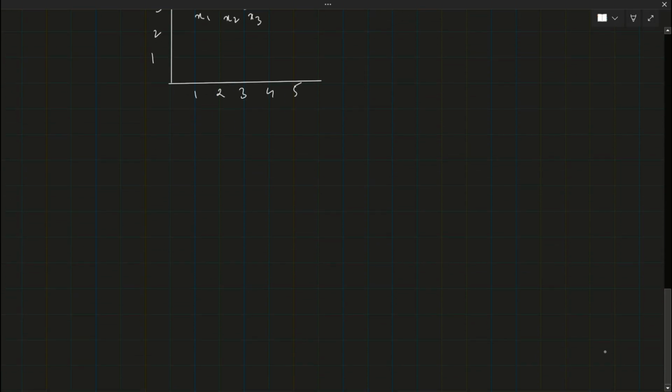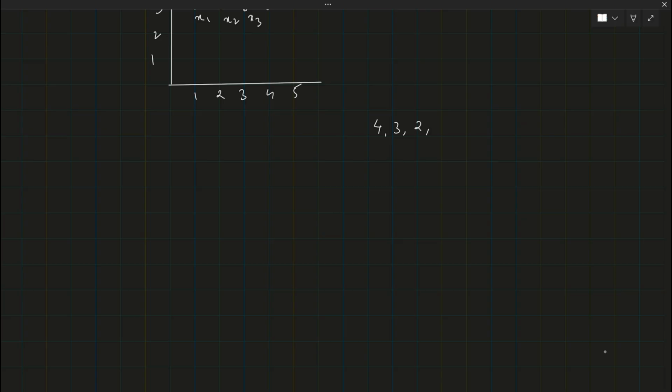Now let us plot the sequence, let's say 4, 3, 2, 1, 0, 0, 0, 0, and so on. So it starts from 4, it comes to 0 and it stays at 0. So this is 4, 3, 2, 1, and on the x-axis 1, 2, 3, 4, 5.